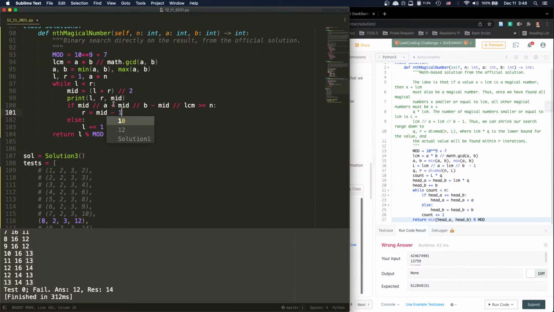Okay, I can do this. And we change this to equal to. Because if we don't do equal to, that will be too small. All right? So if we do equal to, that will pass, because we are shrinking on the right side.